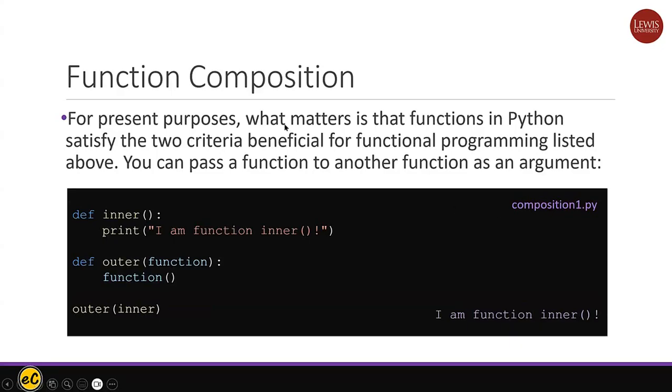Then with functions you can do function composition. Function composition means that you can have f of g of something. So this is an inner and outer function. The inner function is printed. Your outer function calls the inner function.